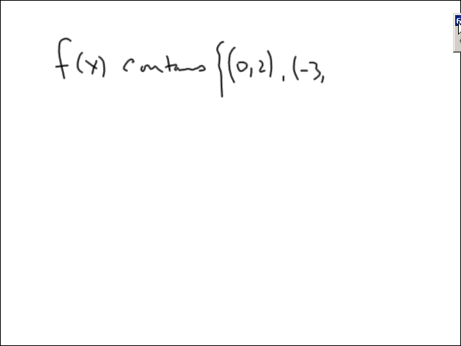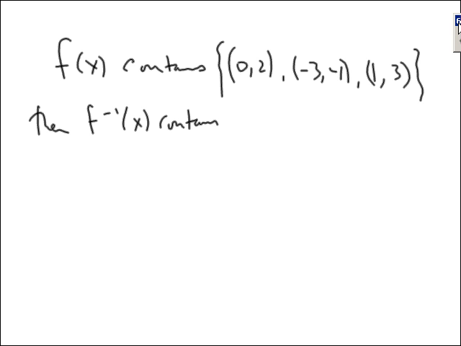If I tell you f of x contains (0, 2), (-3, 4), and the point (1, 3), then the inverse will contain, well, just interchange x and y.